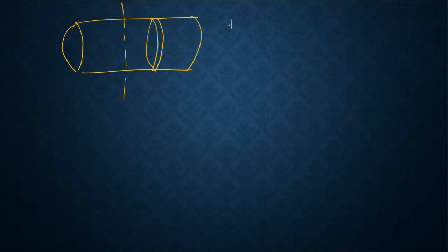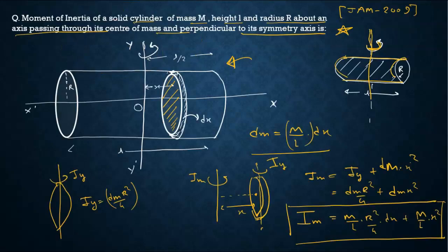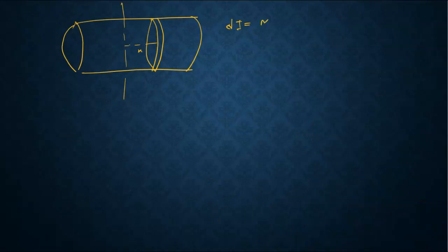And the elementary moment of inertia which we have got is equal to m by L r square by 4 dx plus m by L x square.